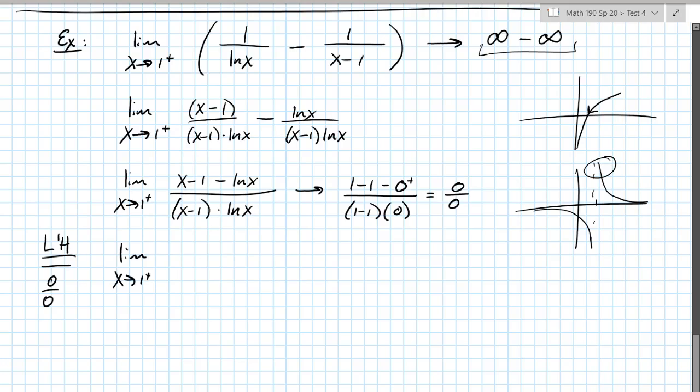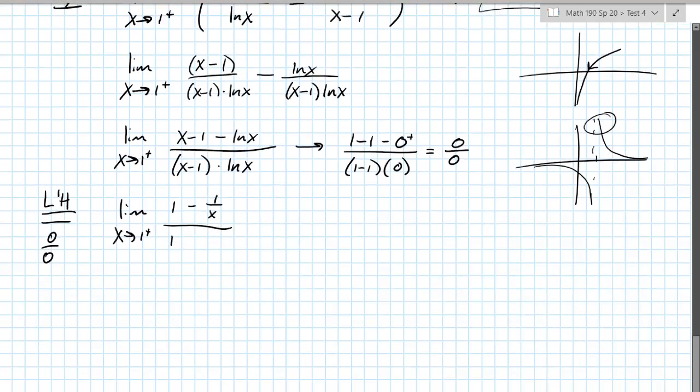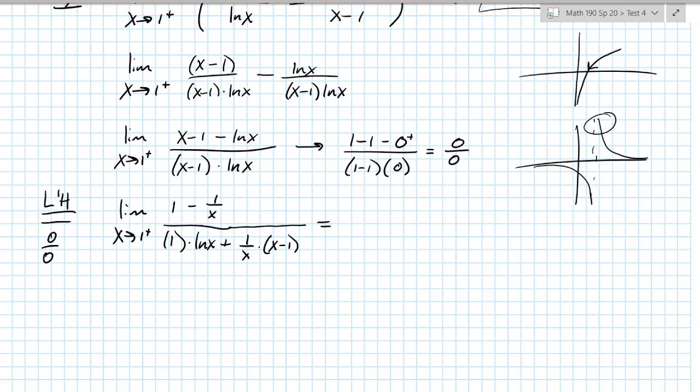Taking the derivative of the top, we have 1 minus 1 over x. Taking the derivative of the bottom, we have a product rule. Derivative of the first times the second plus the derivative of the second times the first. Let's use a little bit of algebra, see what we can do with this.